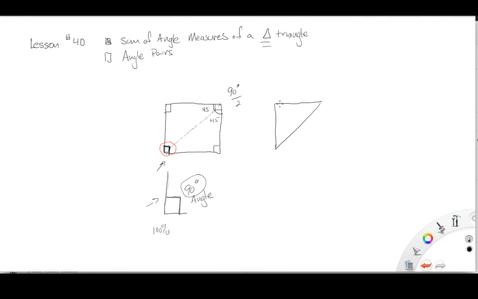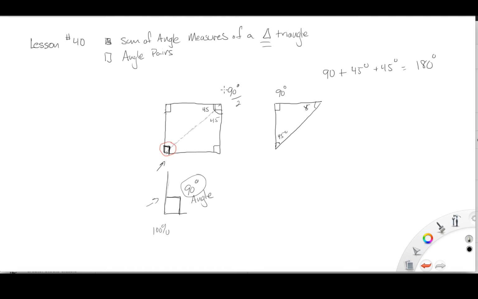Okay, we know that this is 90 degrees, so I'm going to say 90 plus, and then half of 90 of both of those, because we've cut it in half, is 45 degrees. This one is 45, and this one is 45, plus 45 equals 180 degrees.